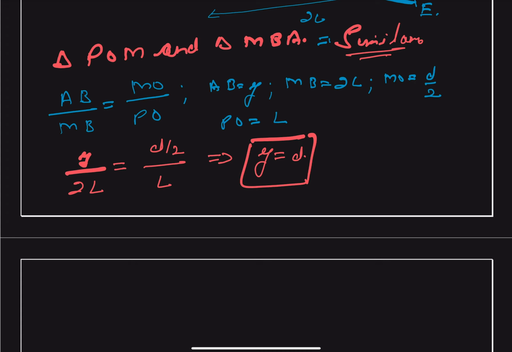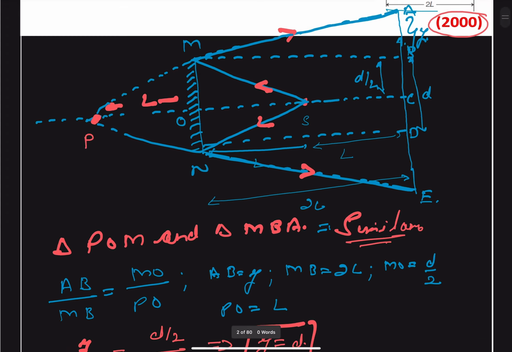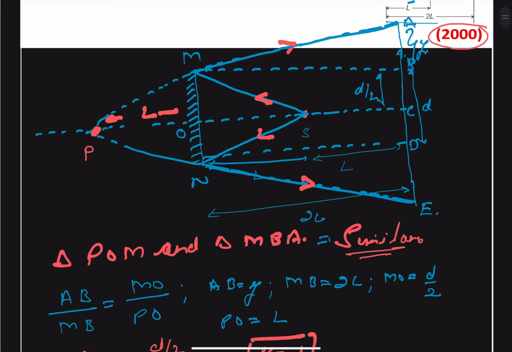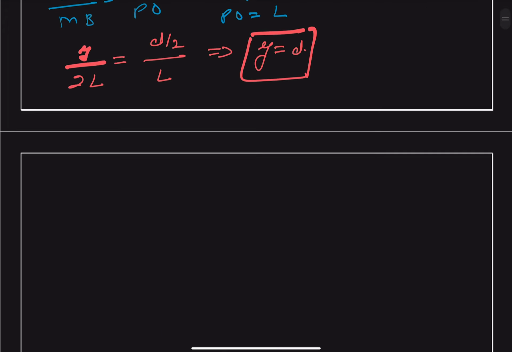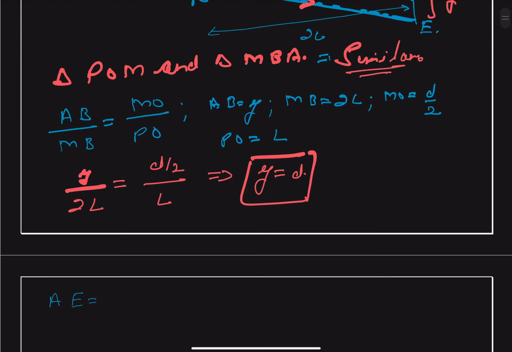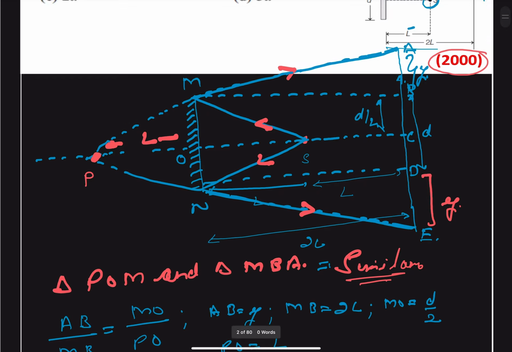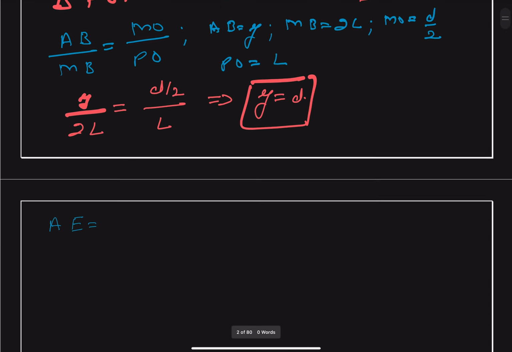From the symmetry we can easily write that DE will also be equal to Y. So the total length AE will be equal to AB plus BD plus DE.